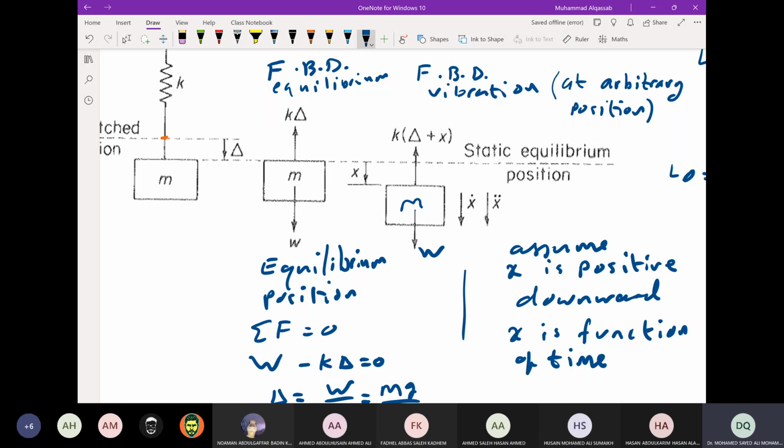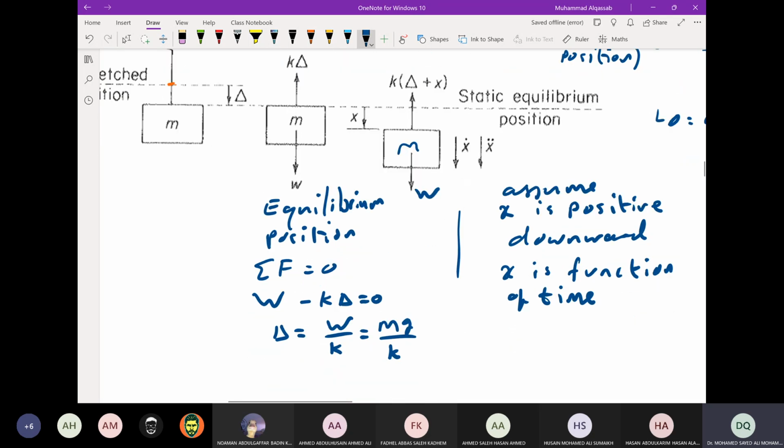This is not at the extreme, this is not at zero, this is anywhere. We assume that it is between zero and the maximum position. And so it has an acceleration x double dot and a velocity as well. Here, since the system is undamped, the velocity will not be shown.